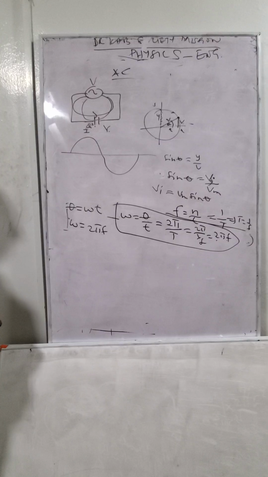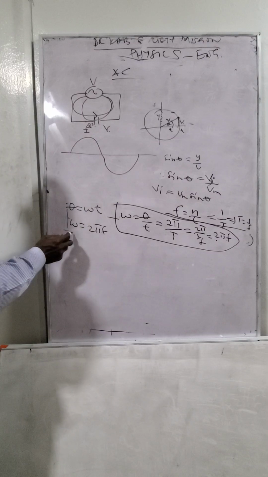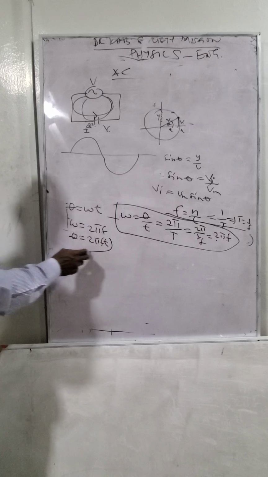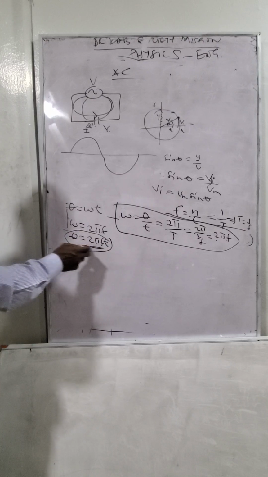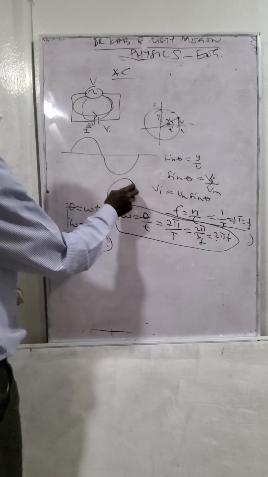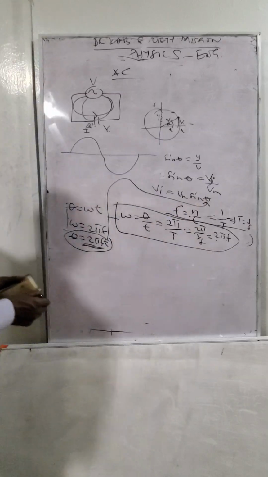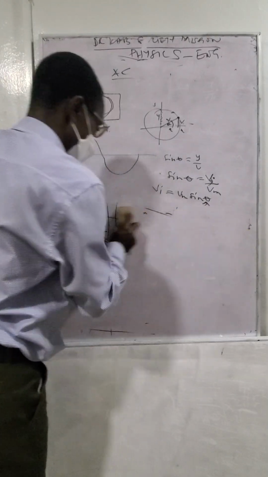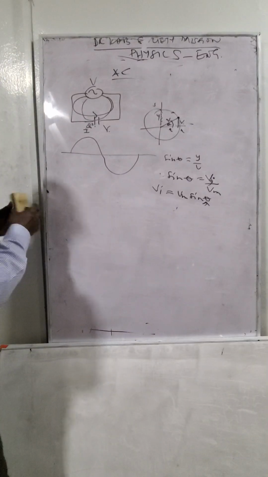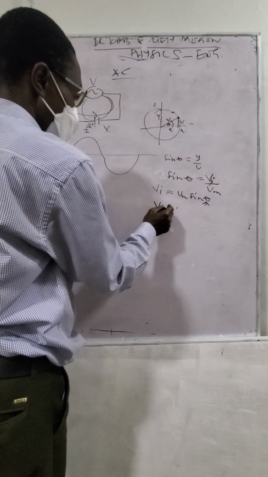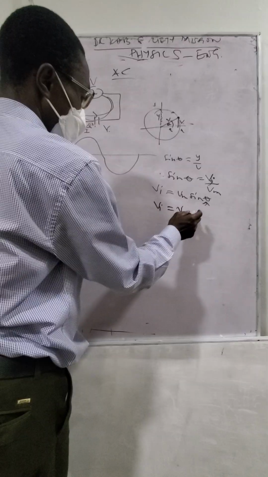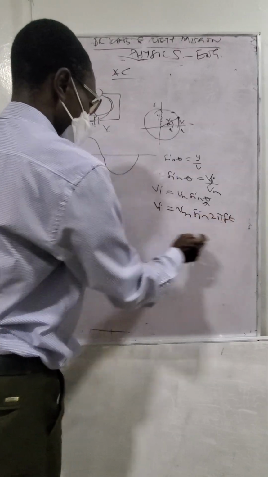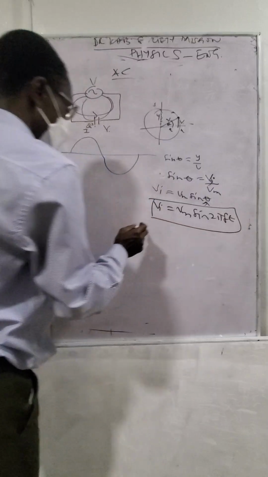Omega is equal to 2 pi f. So we can put theta to be equal to what? 2 pi f t. Now this is what we are interested in. Right? So that from all that we have done, we can say that V instantaneous is equal to V maximum sine 2 pi f t. This is the instantaneous V.